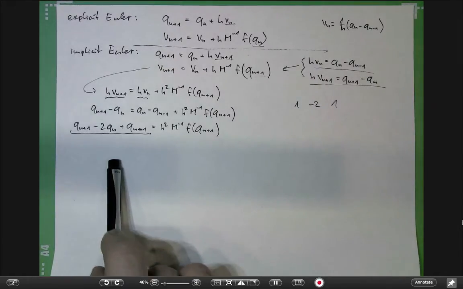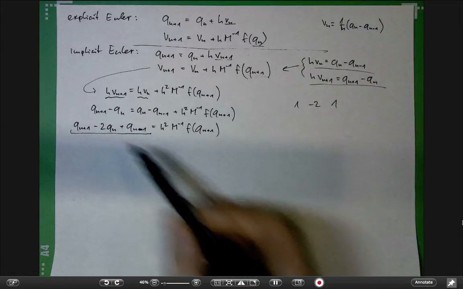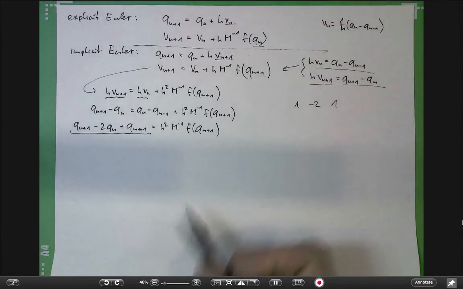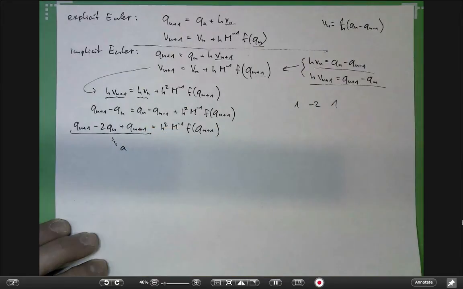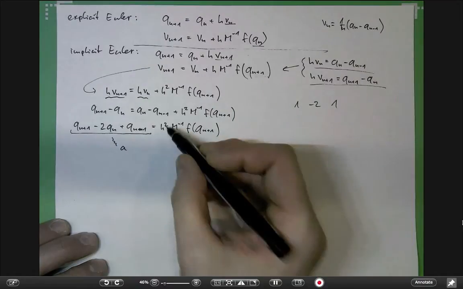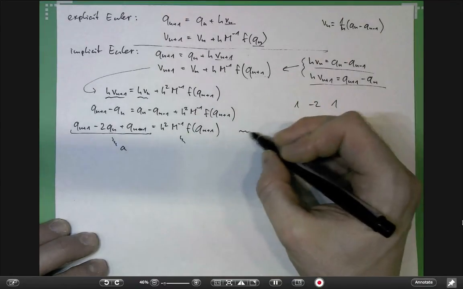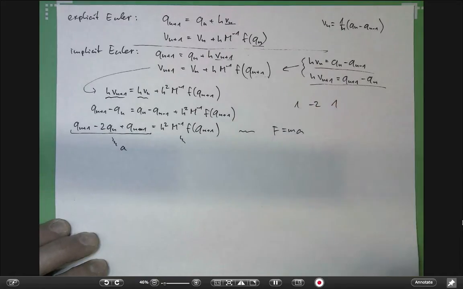So what is the second derivative of this state? Acceleration, exactly, yeah. So you can see there directly Newton's second law, right? This is basically acceleration, and this is forces divided by mass, right? So this is nothing but the famous F equals ma, Newton's second law.